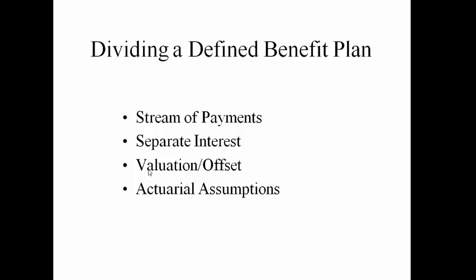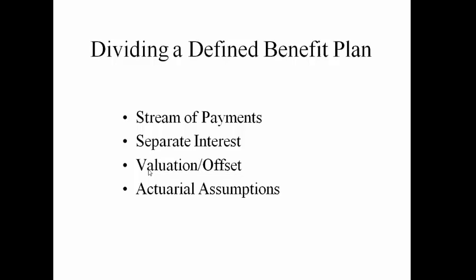We must use actuarial assumptions to calculate the present value of a benefit payable in the future. And sometimes those actuarial assumptions are not as accurate as we would have them be.